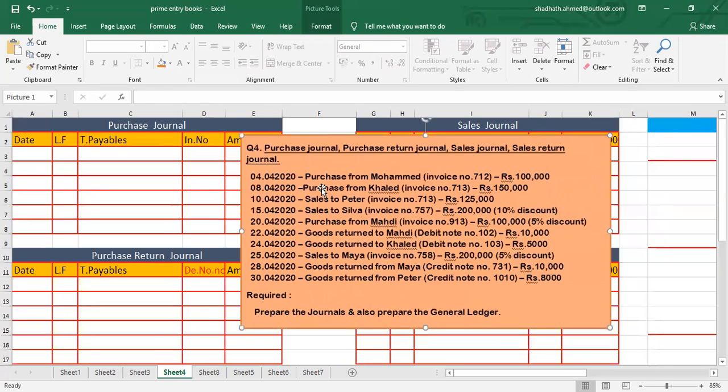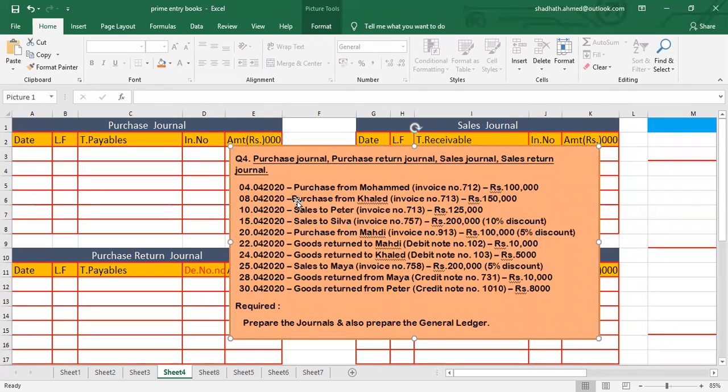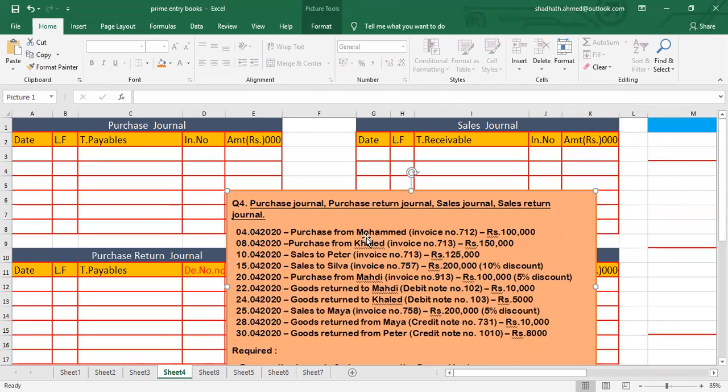Now let's come to the question. 4th of April 2020, purchase from Muhammad. So it is a credit purchase. How do you know it's a credit purchase? There is a name. Usually in accounts, if they say purchase from Muhammad, purchase from Peter, purchase from Fazli, purchase from Maya, purchase from some name, if a name comes, it means it is a credit purchase.